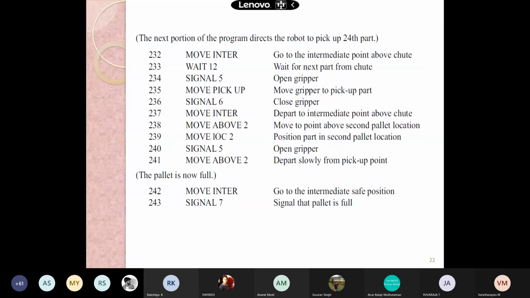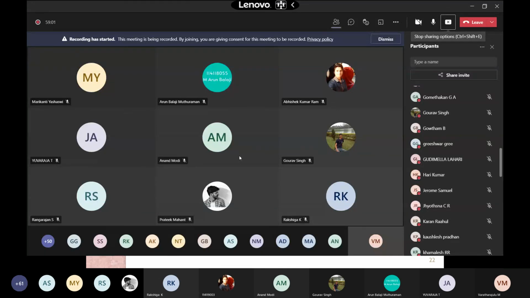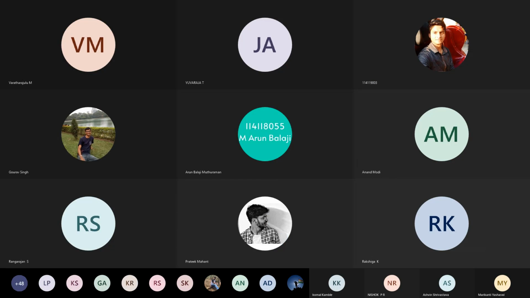If the same program you need to write for 16 parts, whether it is feasible for you to write these various commands, to move one pallet to another pallet. You have 16 different components at 16 different places. Whether it is feasible for you to write these programs without branching.